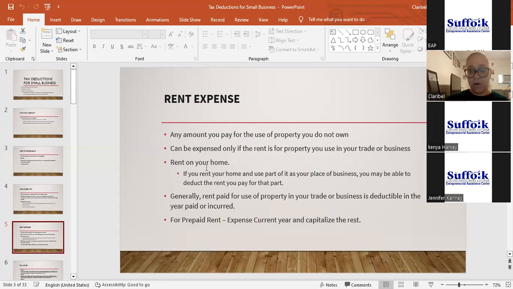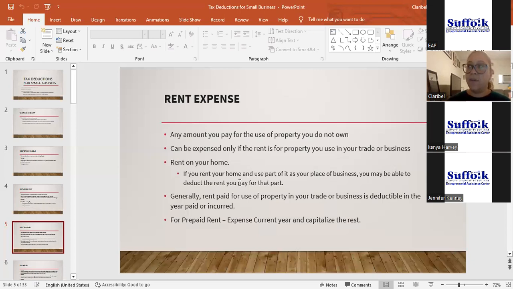If you rent your home and you do your business out of your home, the portion of your home that you're using for your business, you can deduct that portion of the rent. But you must have a designated part of your home that's used only for that business. Decide what percentage in square feet it is, and you can deduct that amount.